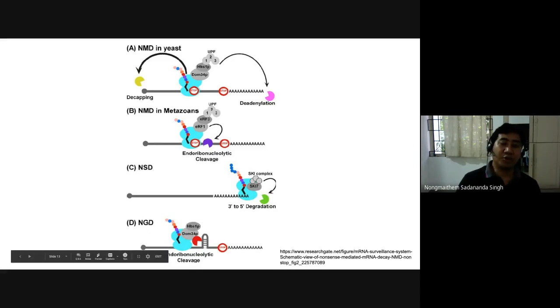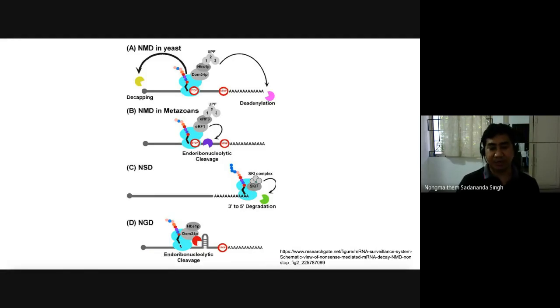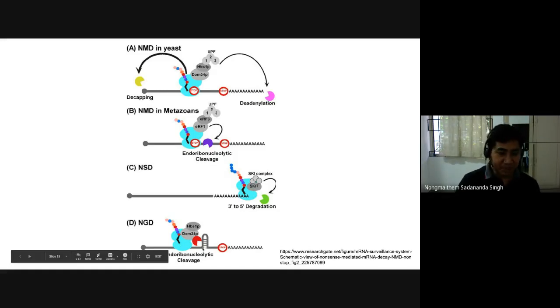Okay, so this is the no-stop decay. Now, no-go decay is about when there is no premature stop codon, and the ribosome is not at the end of the mRNA, but it is stuck because of certain reasons, like the presence of a strong secondary structure. Then, when the ribosomes stall, the DOM34 protein recruits other factors.